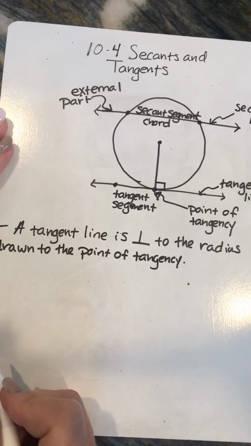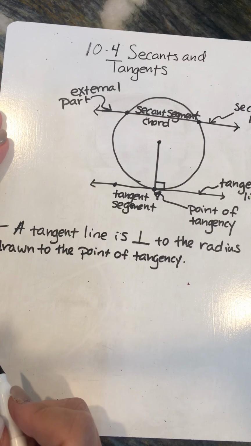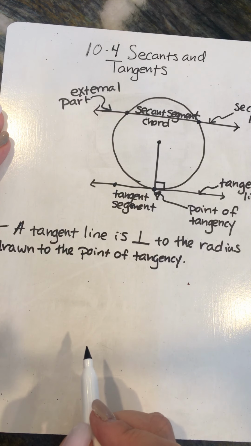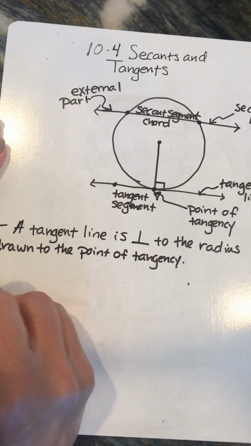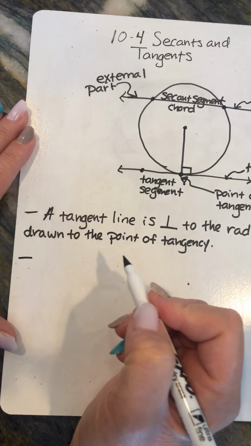Okay, likewise, if we have a radius that is perpendicular, so here we go. I'll just write it out. It makes a lot more sense.